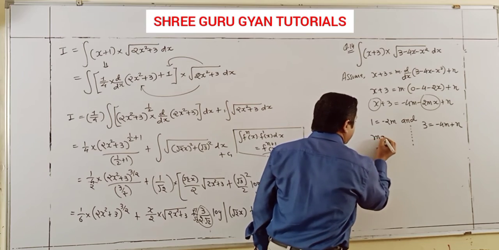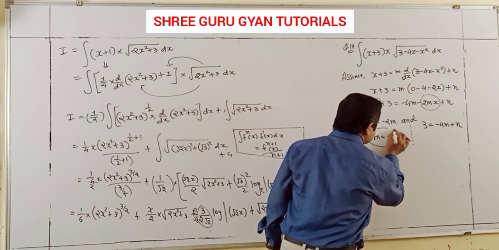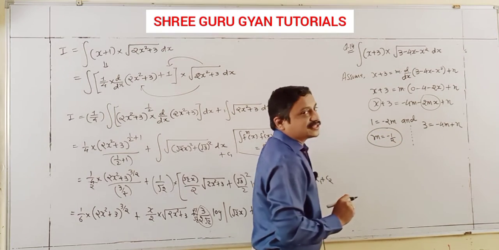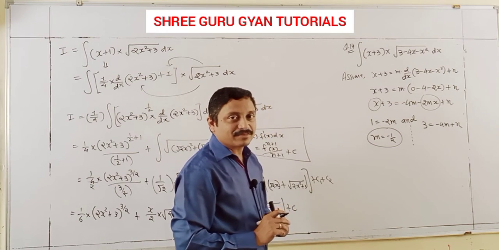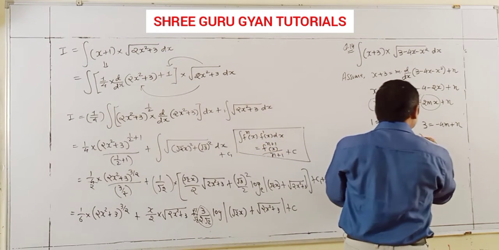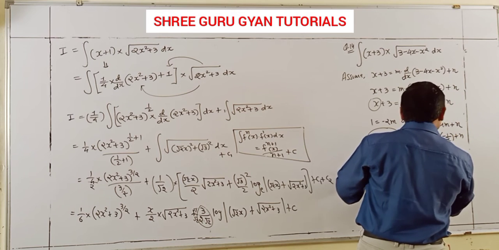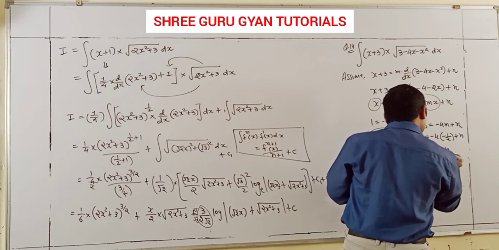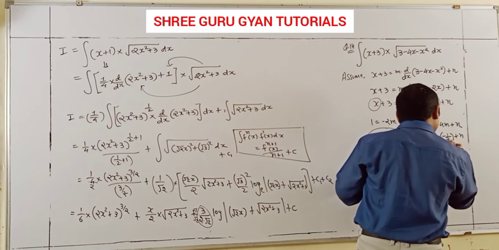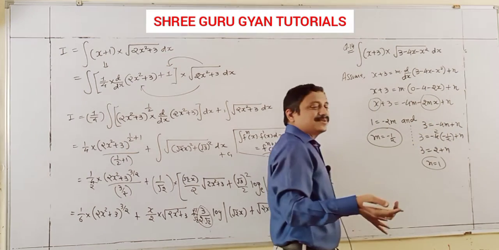So what do you get for m? Yes, m becomes minus half. And here m is minus half, so 3 equals 2 plus n, and n equals 1.